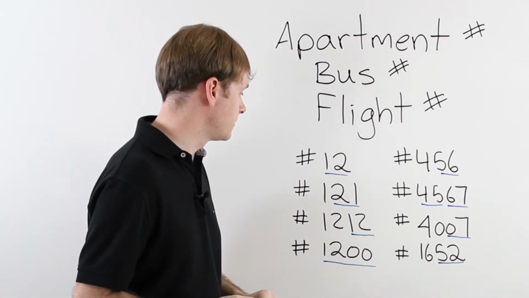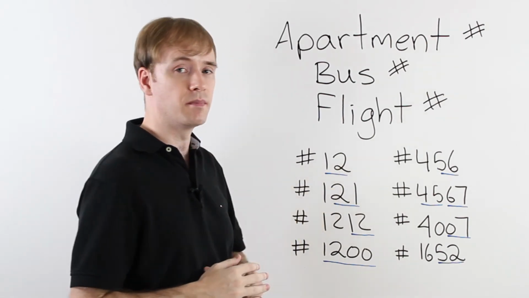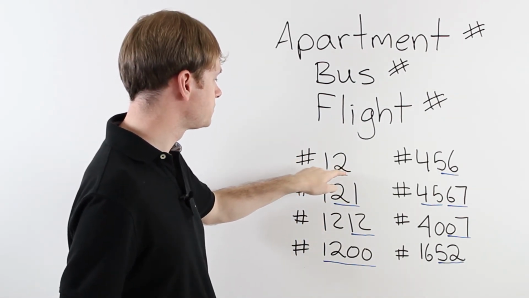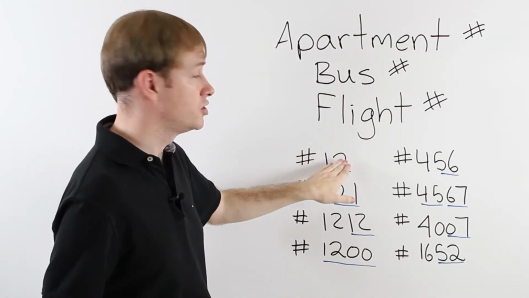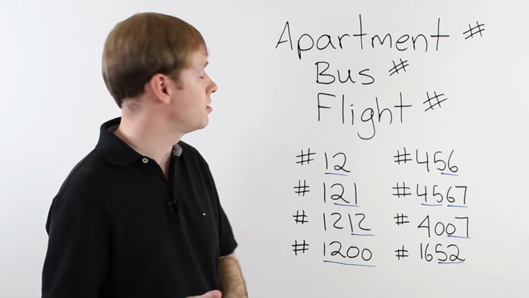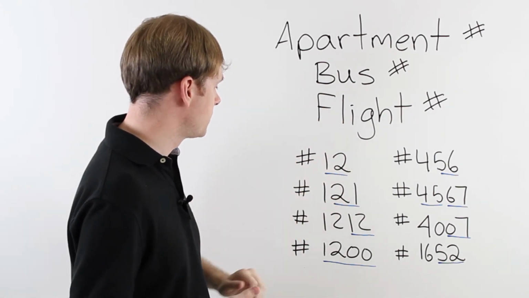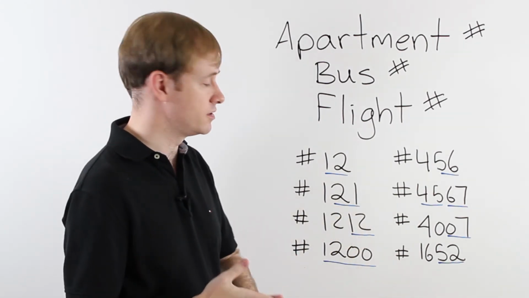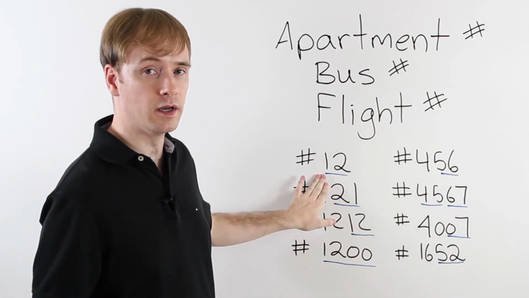Let's take a look. The first one, okay, it's just two numbers. We always want to look at the last two numbers. So we would say apartment number 12. That one is easy. Let's move on to the next one. All right, so we want to look at the last two numbers. The last two numbers are 21.